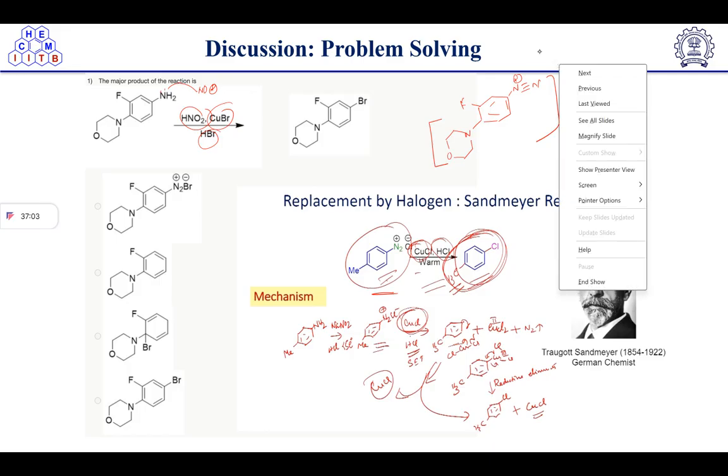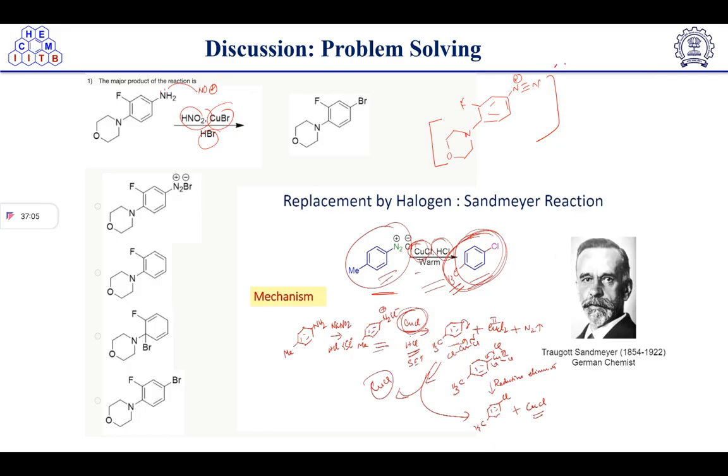Radical will come here this way, and then this group will get eliminated. We'll get here radical. Okay, clear till here.